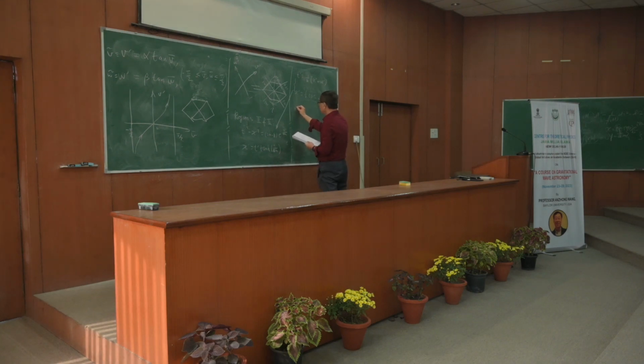So T prime square minus X prime square equal V prime W prime.